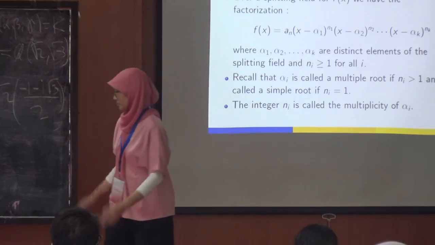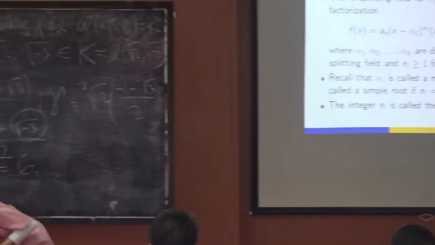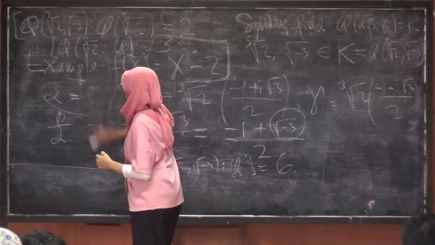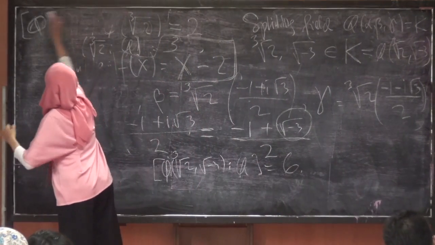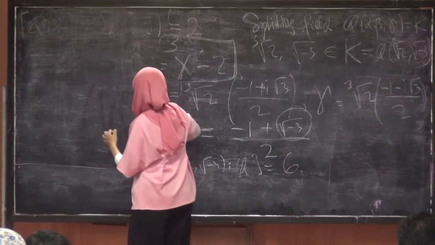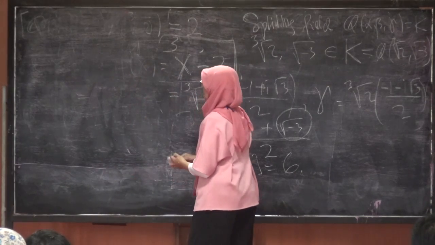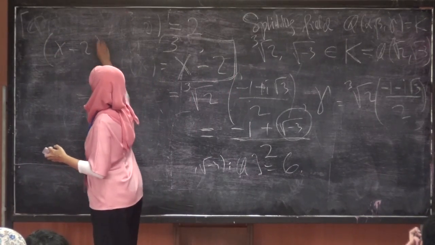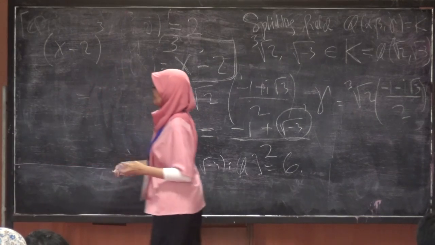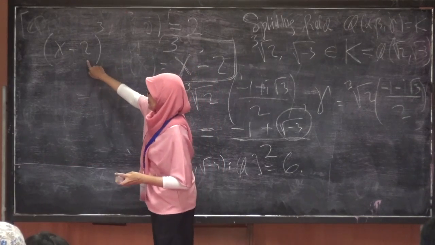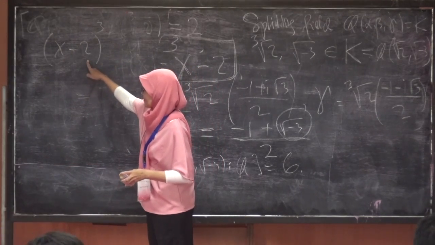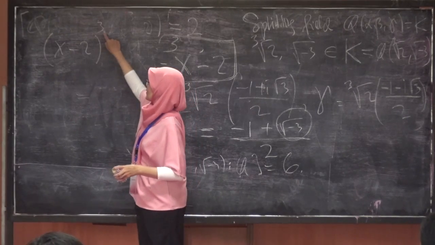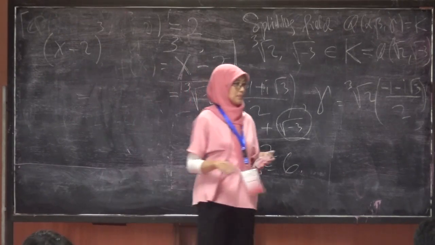For example, this alpha is a multiple root here, because this is 3, not 1.